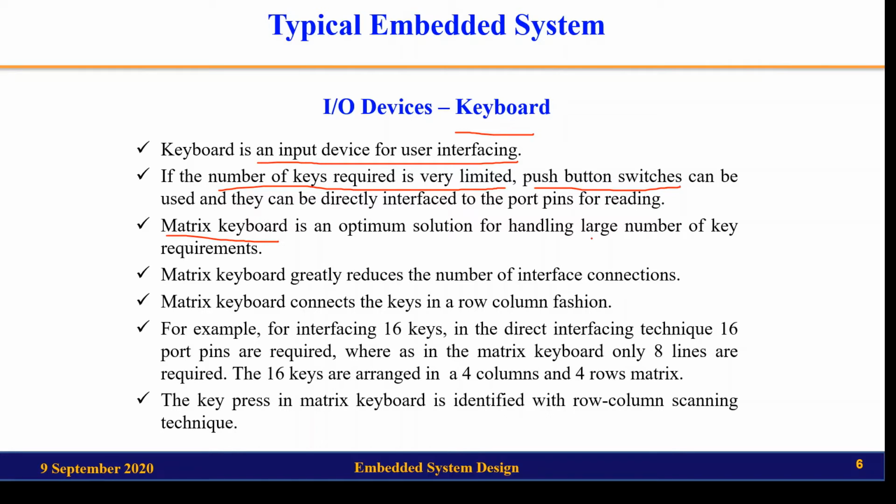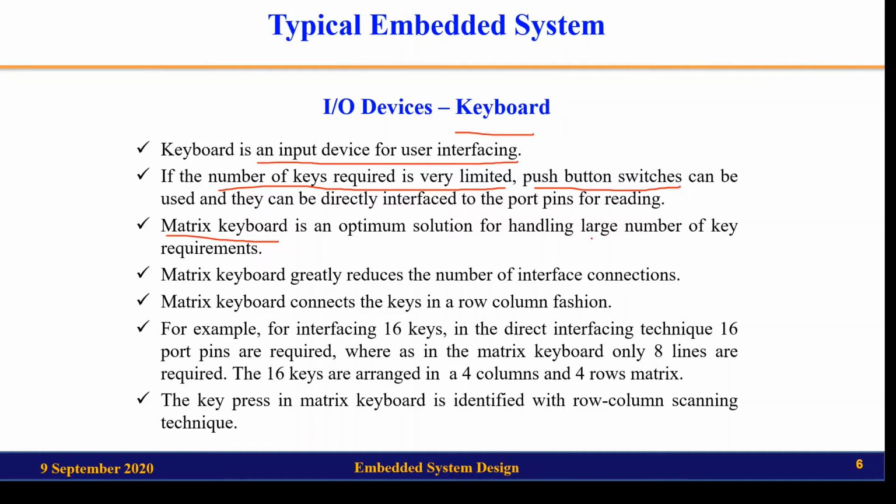Suppose we use this A as one key, B as one other key, and like that you can give C, D, E, F. You can give any key based on the requirement.